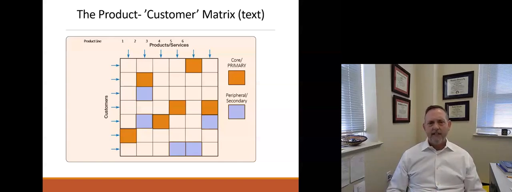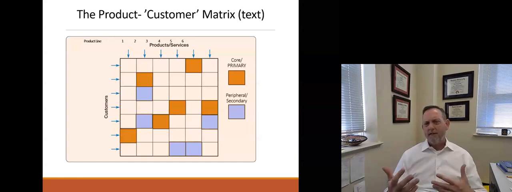Then we have this idea of the company's product offering matching up with an attractive market segment, and how we create products and parts of the company designed specifically for markets that are attractive.